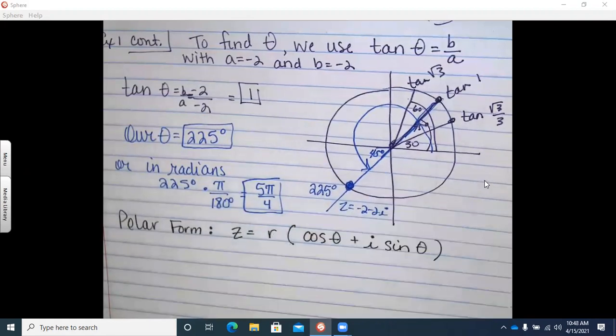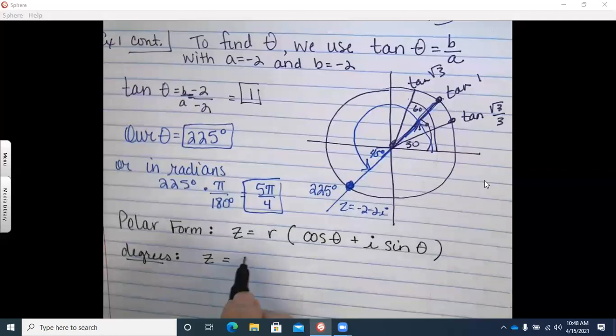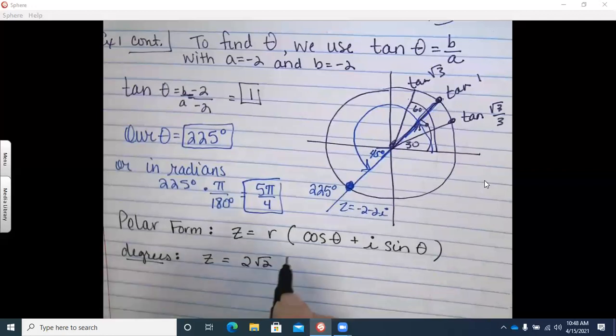So if we were doing degrees, you would just do whatever the directions ask for. You have Z equals the modulus, your R, which was 2 square root 2, open parentheses, cosine of theta. We don't simplify it.